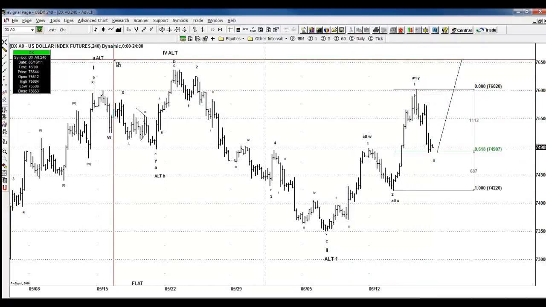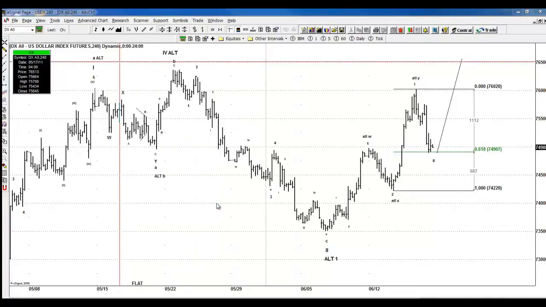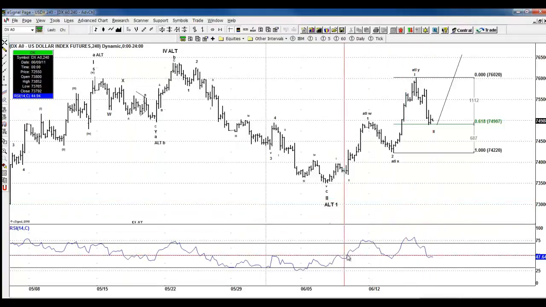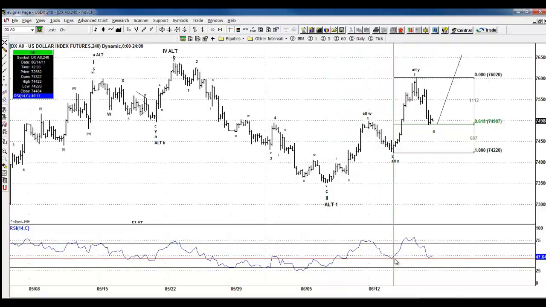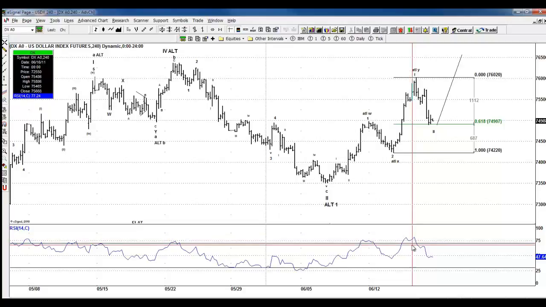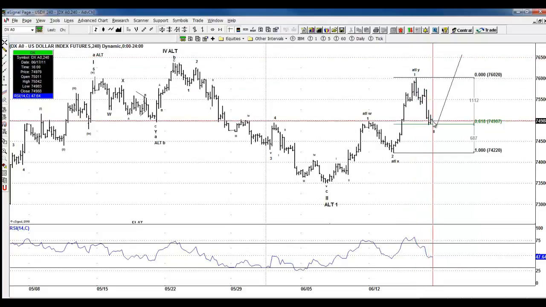Now, before we go to the small time frames, let's take a look at the RSI here. The RSI is showing a high, a low, a high, a low, and a high. It's very important for the nesting proposition that this read in the RSI, which is 44.81, is not taken in this correction lower.